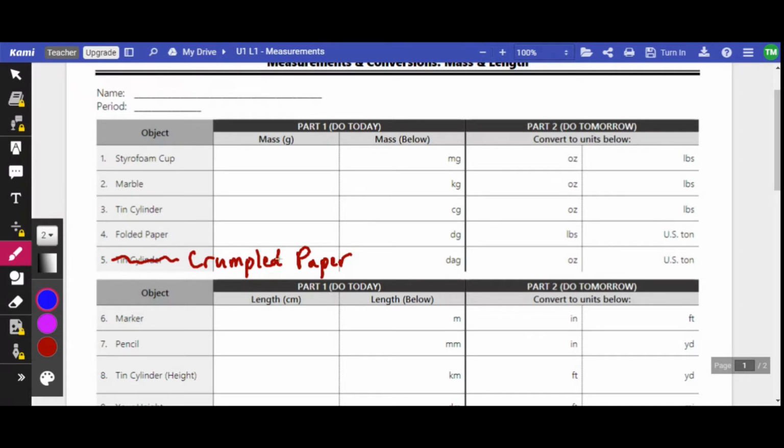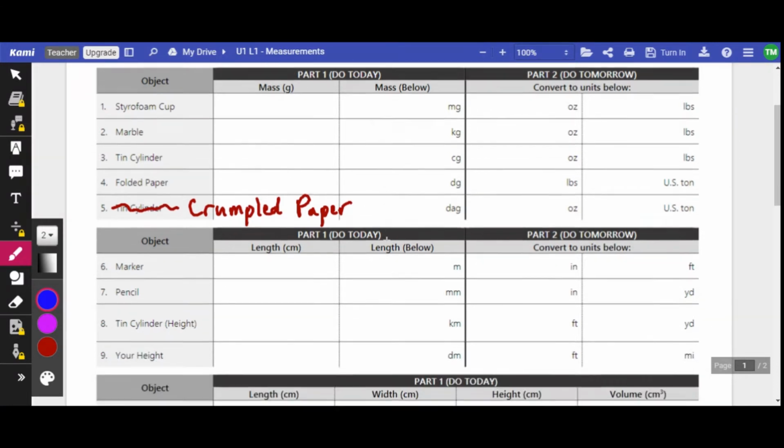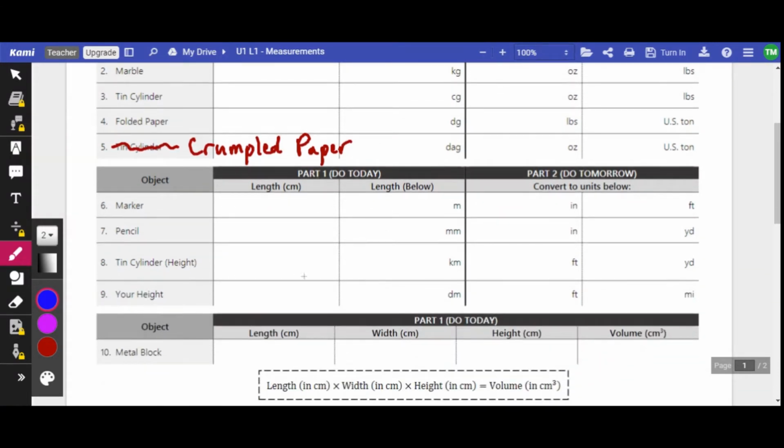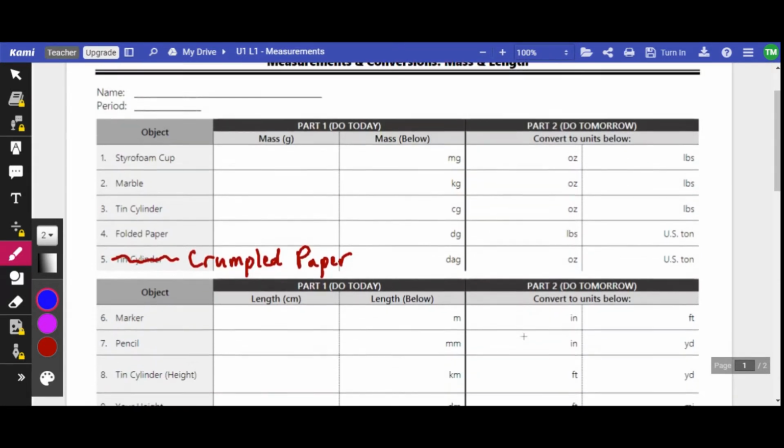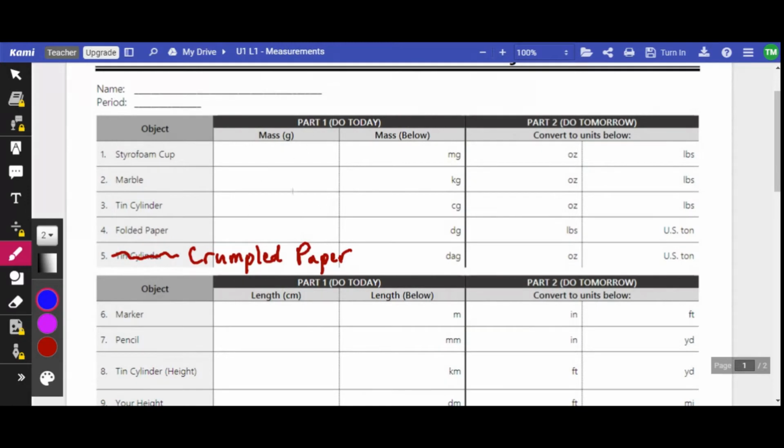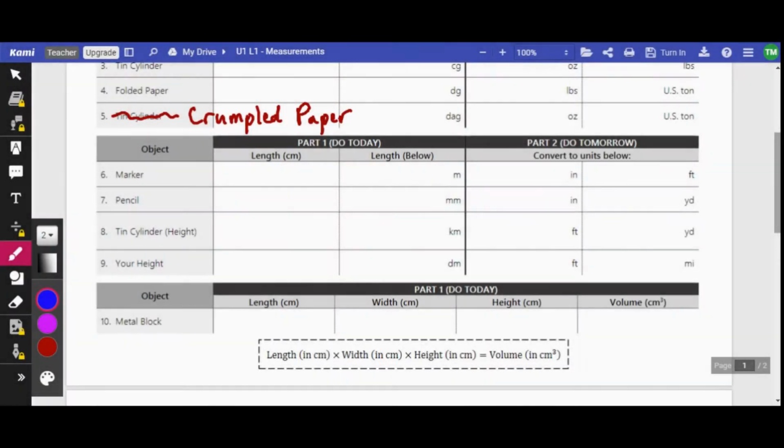So we're going to be taking the mass of some stuff. We're also going to be taking the length of some stuff. And down here, we're going to be taking the length of some things and then multiplying that, length times width times height, to get the volume of something. Okay, we're going to do our initial measurements of mass in grams using a mass balance. And we'll be measuring length in centimeters down here and down here.